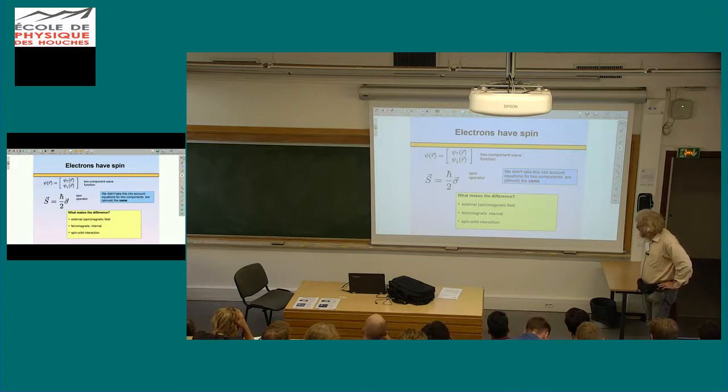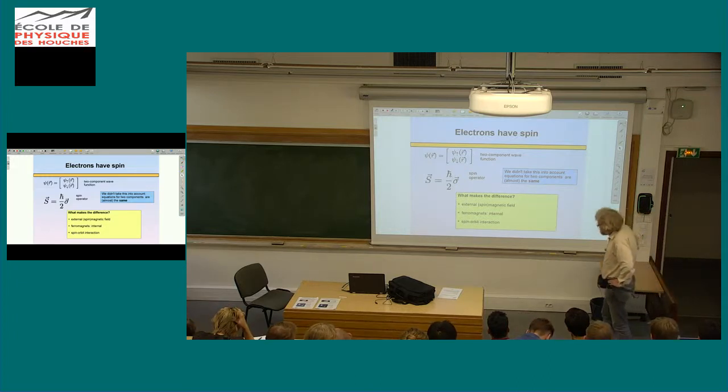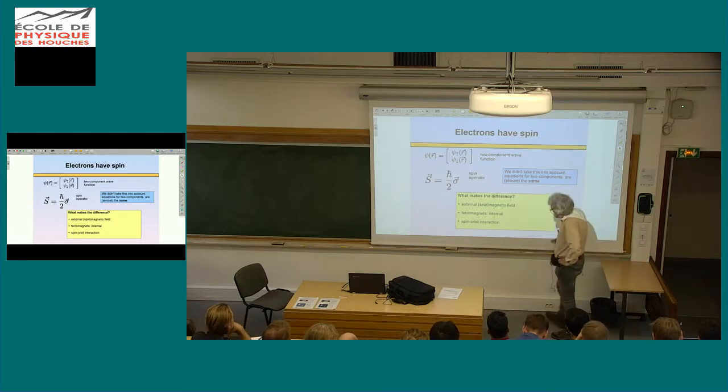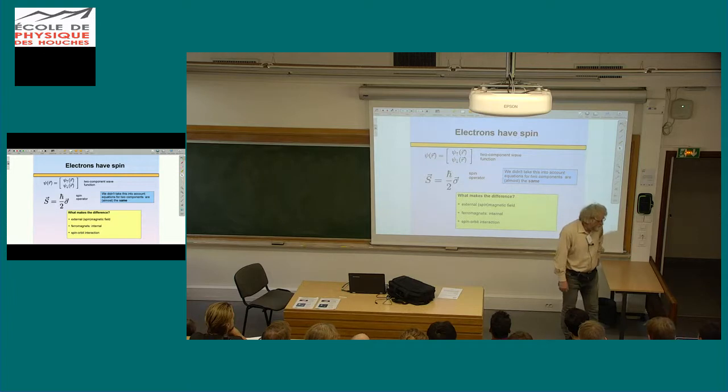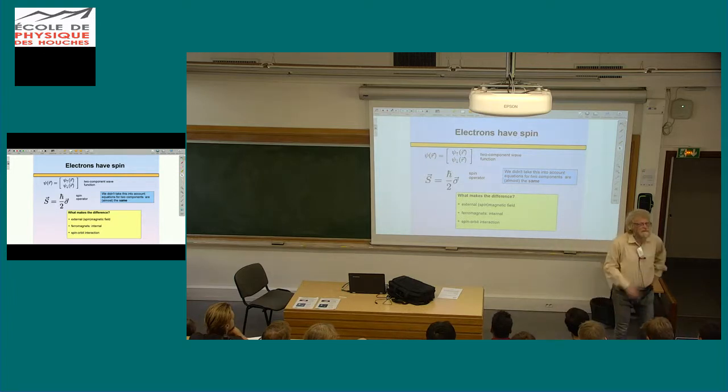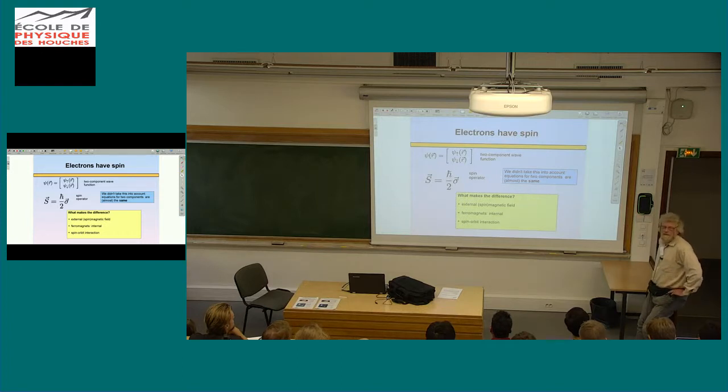And the third factor, which is usually small but can become important, is spin-orbit interaction. It is where the orbital motion of the electron talks to spin. All right? I will talk more about this.